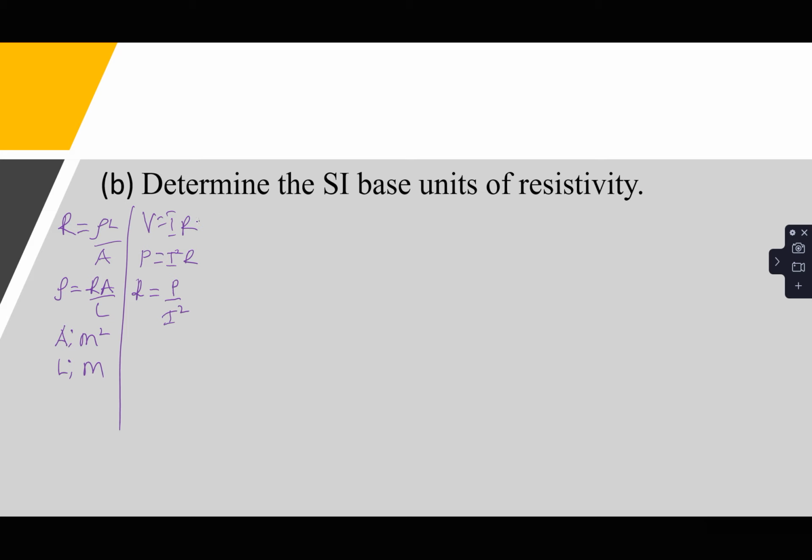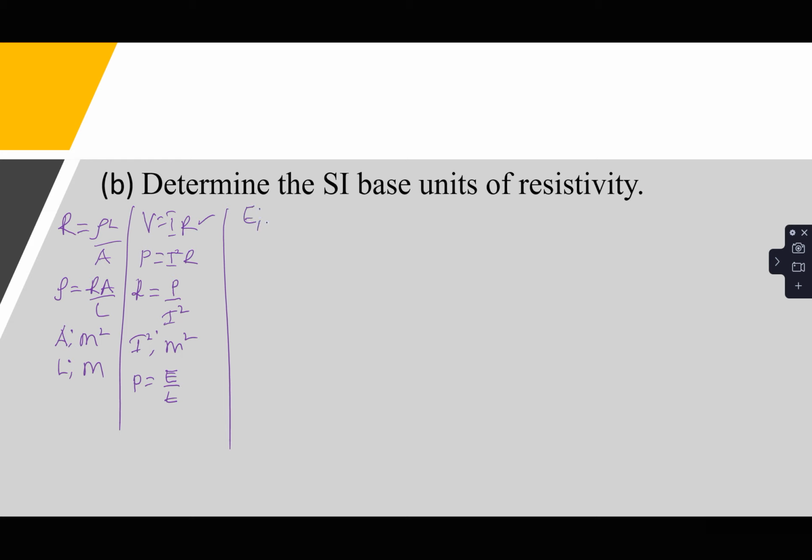I could still use this, but this would take me some more time. So the base units of I squared, because that is current, that will be meters squared. Then power is the rate of transfer of energy, so that is energy over time. At this level, energy can be work done, because work done is energy in motion. If you are an expert, the units of energy have already become part of you.